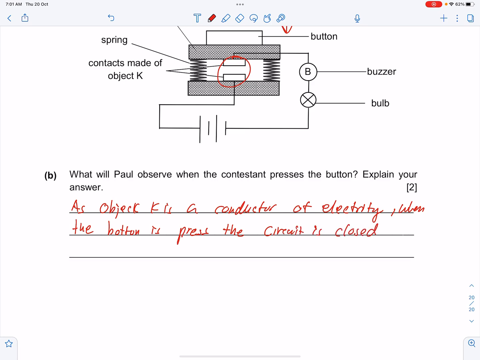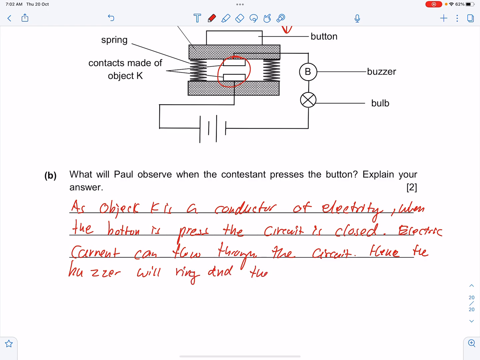My first C, electric current can flow through the circuit. My E and then my O. Hence, the buzzer will ring and the bulb will light up. Okay, so once again, CEO.